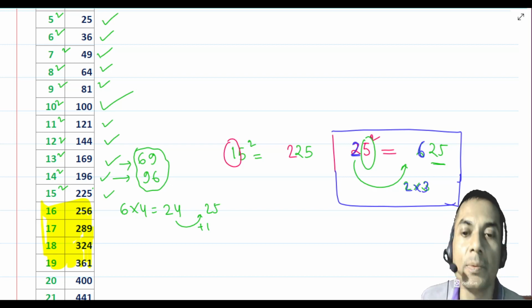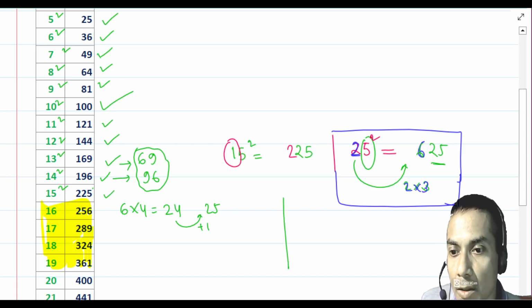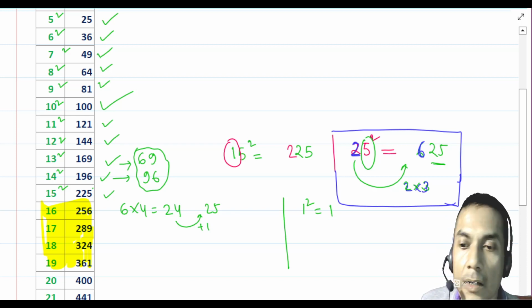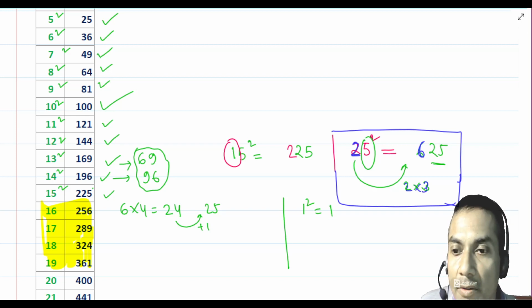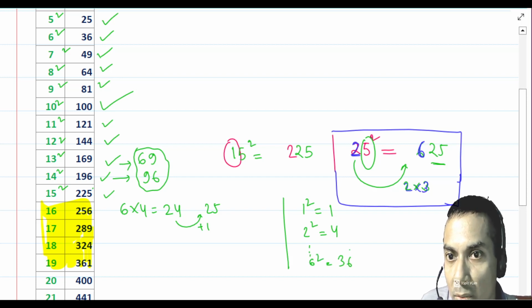And the unit place is very easy to find out, because you know very well, if the unit place digit is 1, the square value's unit digit will be 1. If it is 2, square is equal to 4. Now tell me, for 6 square what will be the unit place? 6 square is 36, so the unit place will be 6.